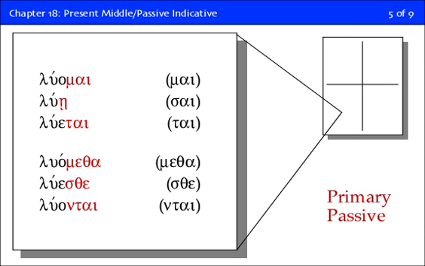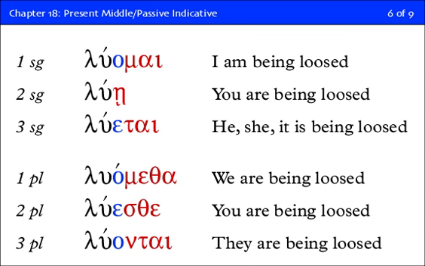Notice on the second person singular, what's happened? The sigma's dropped out and all the vowels have contracted, and there is an iota subscript. It's explained in the textbook. And so you have your normal paradigm. Luomai, I am loosed or I am being loosed, lue, luetai, so forth and so on.